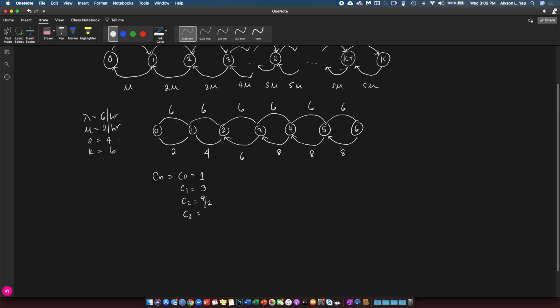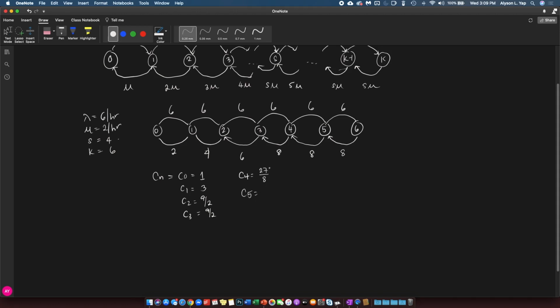C sub 3 is equal to 9 halves times 6 over 6, so again, it's 9 halves. C sub 4 is 9 halves times 6 over 8, or 3 over 4, so that is 27 over 8.